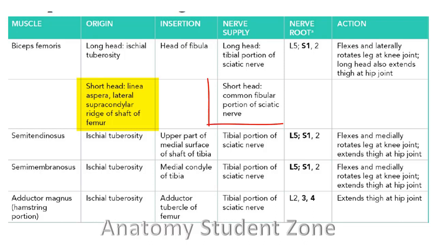The short head is supplied by the common fibular nerve. That's why it's not included in the hamstring group. It also has a proximal attachment different from the hamstring group, so it's not going to fall in that group. The short head is different from the other two.